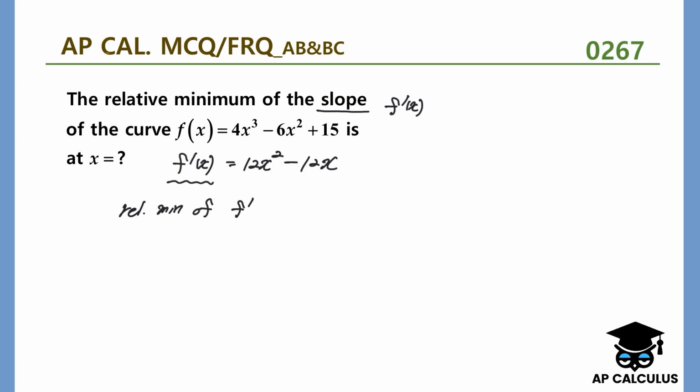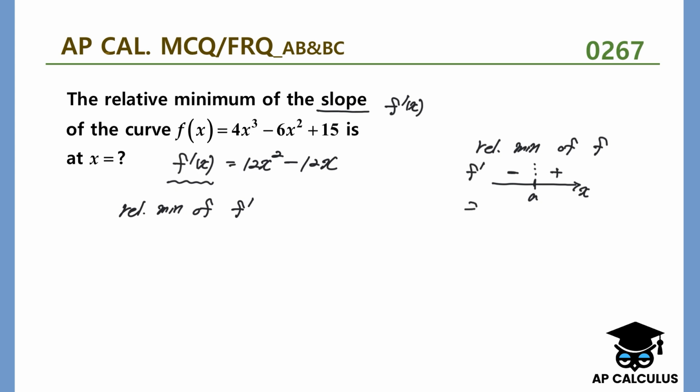Remember, to find the relative minimum of f, what we did is we found the critical point, right? Let's say the critical point is a. Then we test it. So let's say f prime is negative to positive.